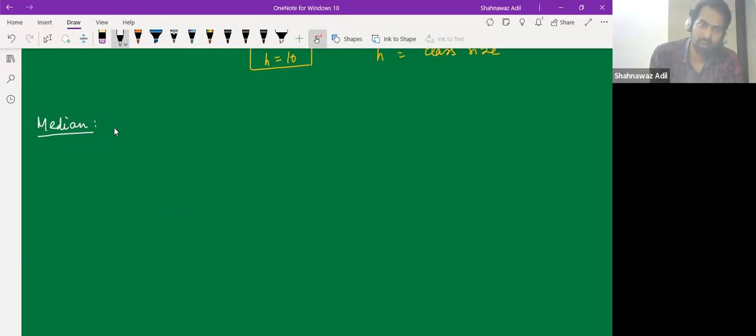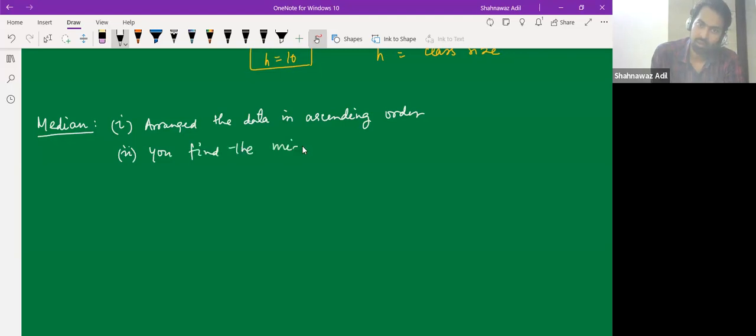To do that, for the ungrouped data, you arranged the data in ascending order, and then you found the middle data.